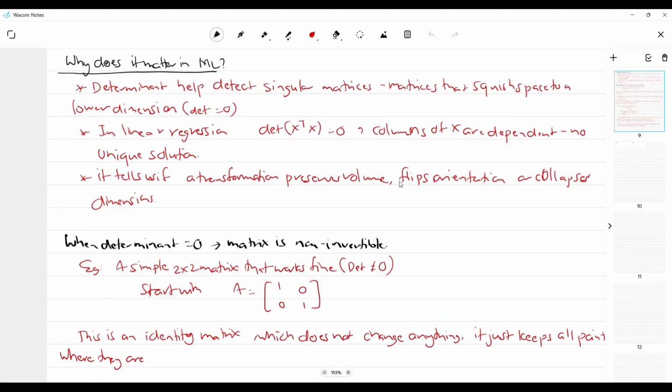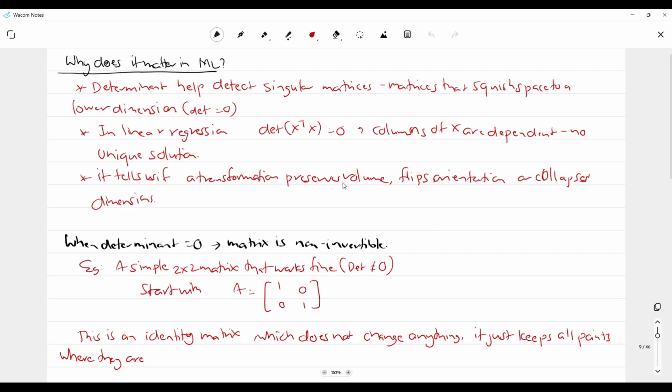And why does it matter in case of ML? The value of the determinant helps us find out whether a matrix collapses space. If the determinant equals 0, that means the transformation flattens space and such a matrix is singular, meaning it can't be inverted. This matters a lot.